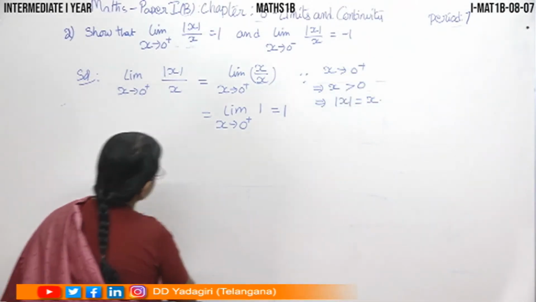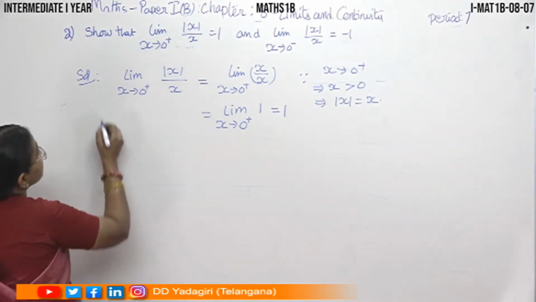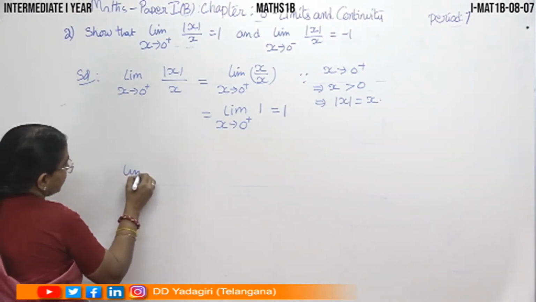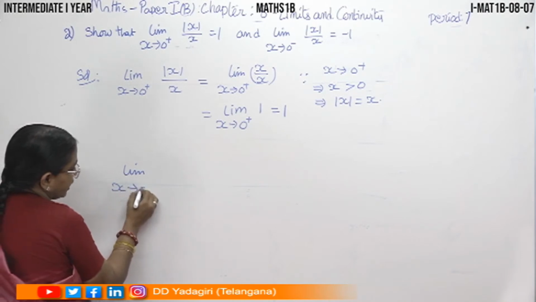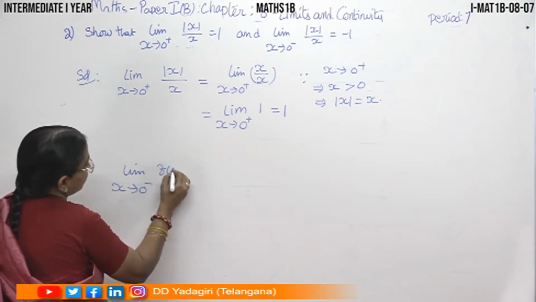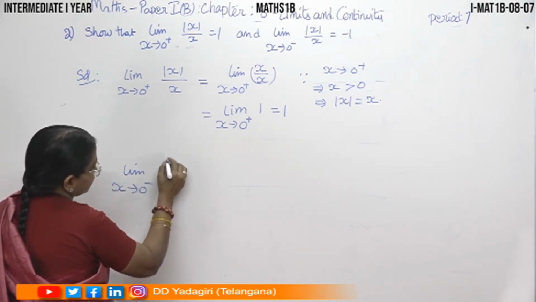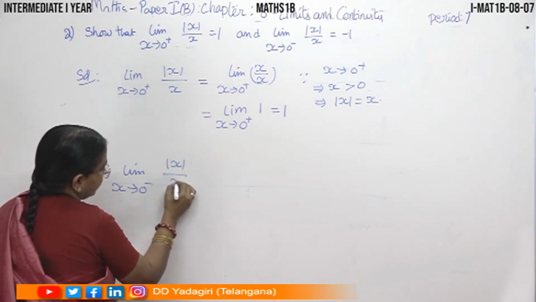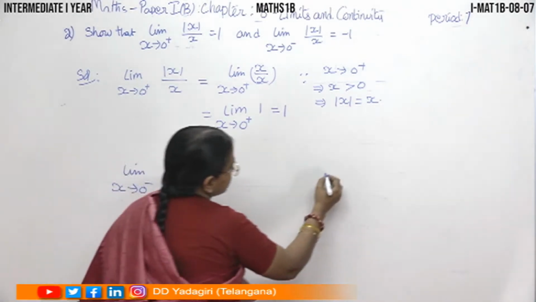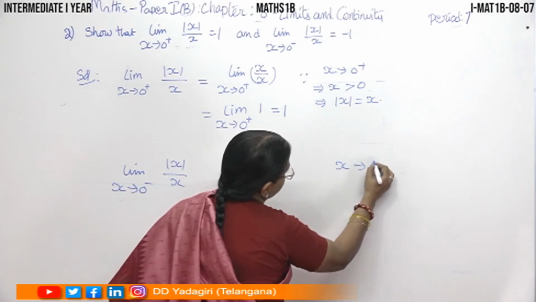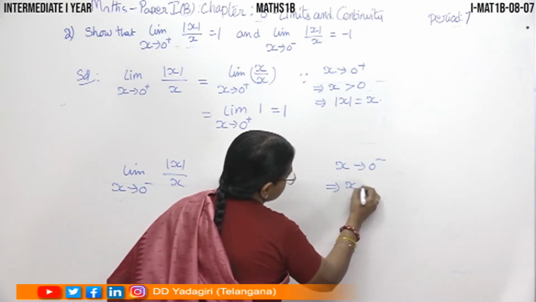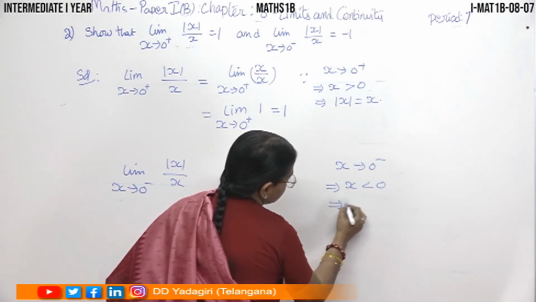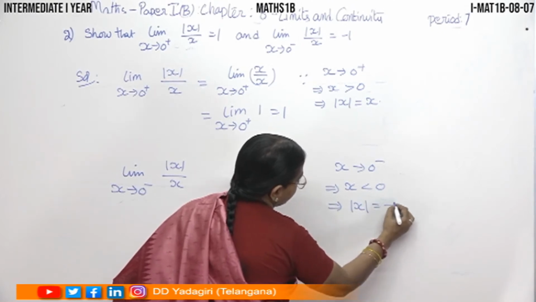Okay, now next limit. Now limit x tending to 0 minus of mod x by x. When it is 0 minus, x tends to 0 minus means what? x is less than 0. When x is less than 0, what is the definition of mod x?